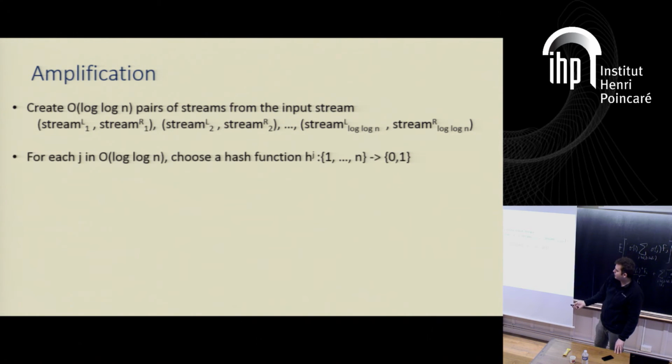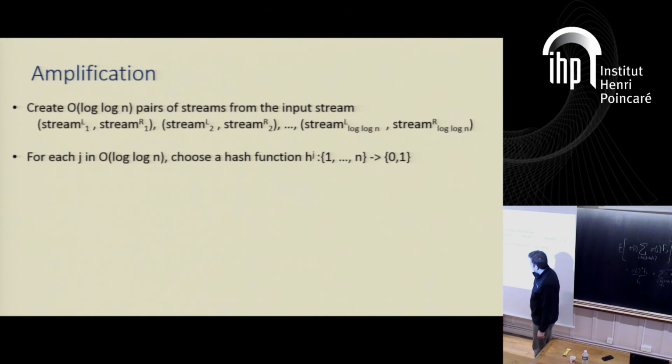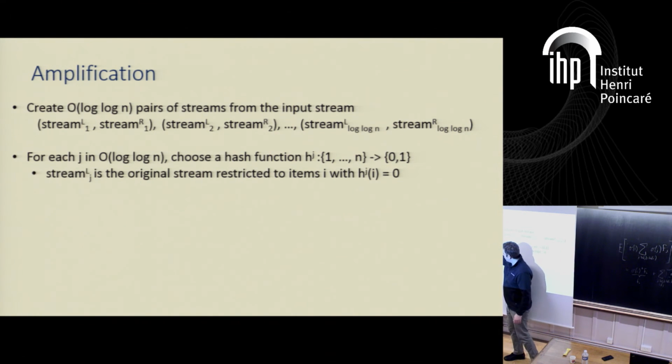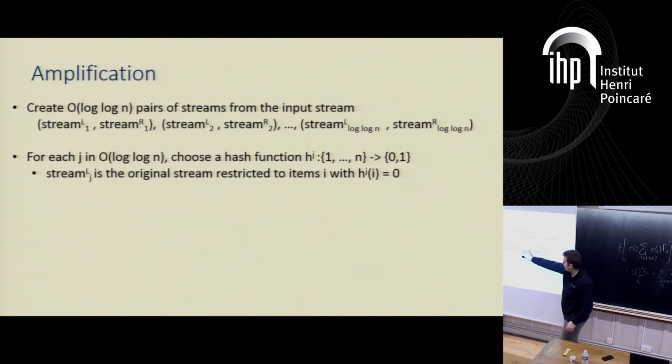OK, so just in case that wasn't clear, formulaically, for each j between 1 and log n, I choose a random hash function, h superscript j, from the items to 0 or 1. And the left stream in the jth repetition is the original stream restricted to updates to items i for which the jth hash function evaluates to 0.